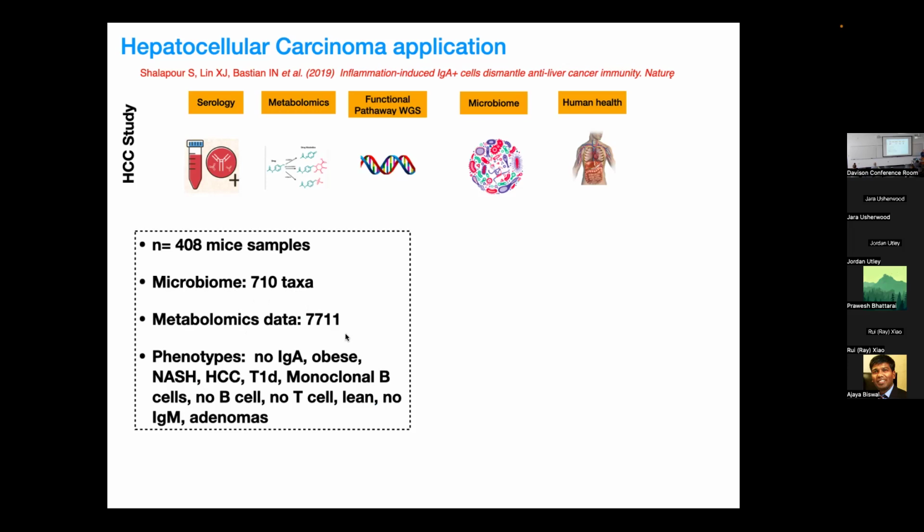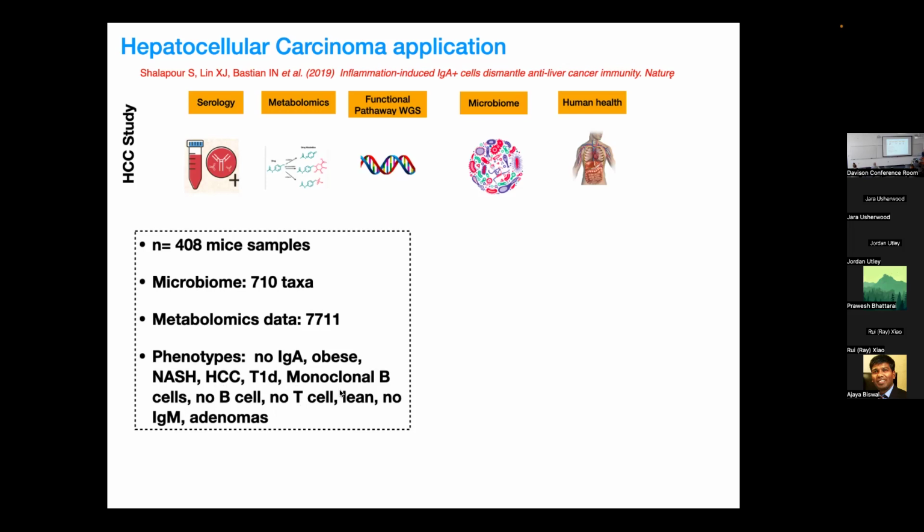As far as the different stages or different phenotypes related to this HCC cancer are concerned, she was mostly interested in IgA, obesity as an outcome, NAS, and HCC, which is obviously the final outcome.